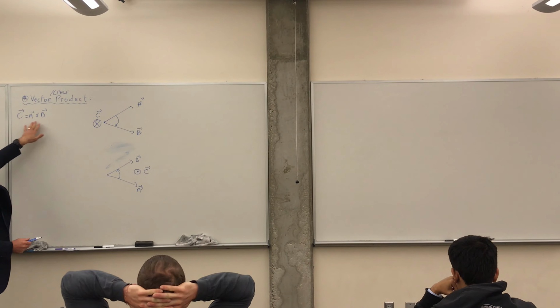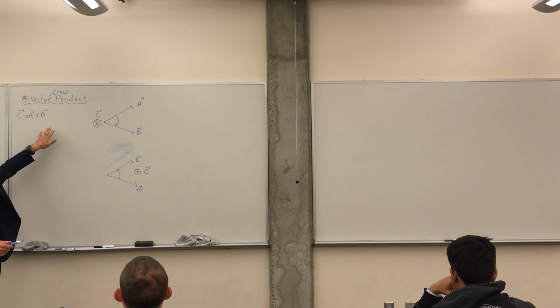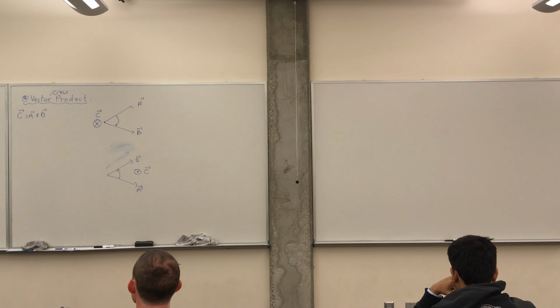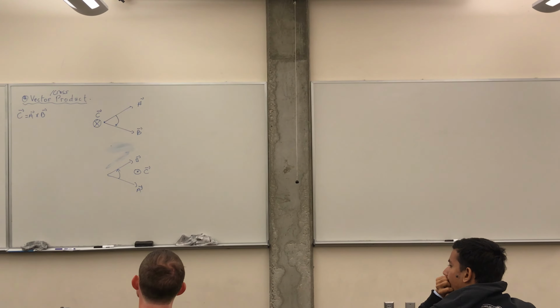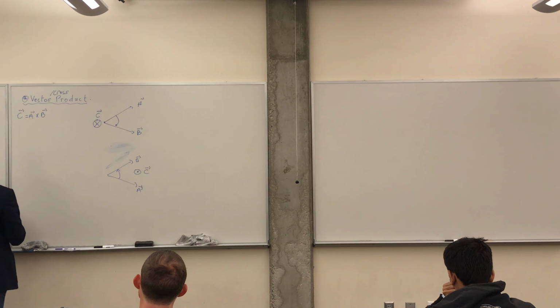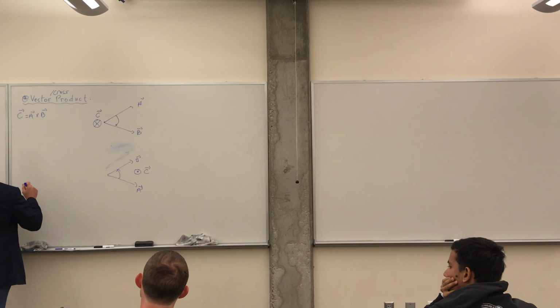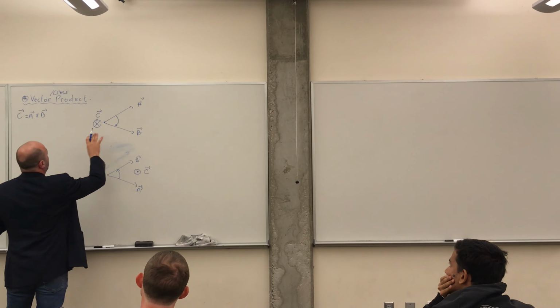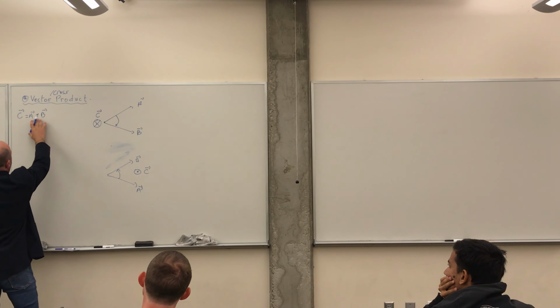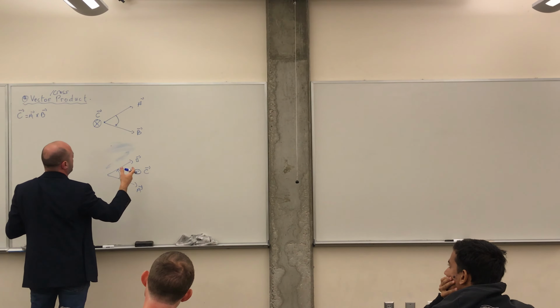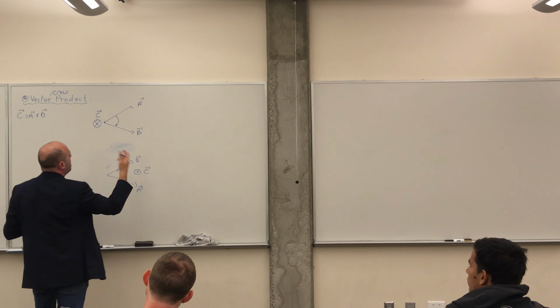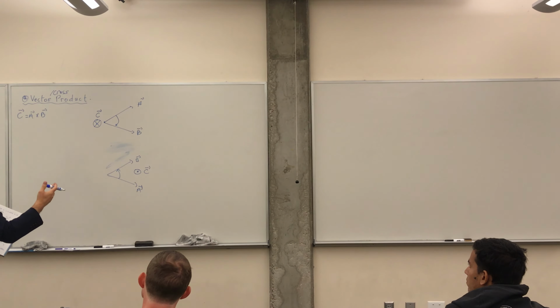So how do we get the components of A cross B? There's a full formula for that. But one little thing before we get into the components of A cross B: there's one little feature that allows us to make deductions about vectors when we're using the cross product.